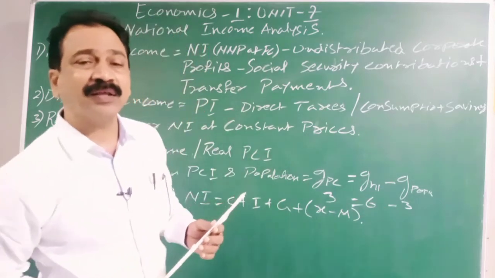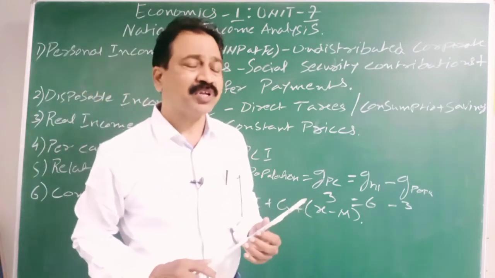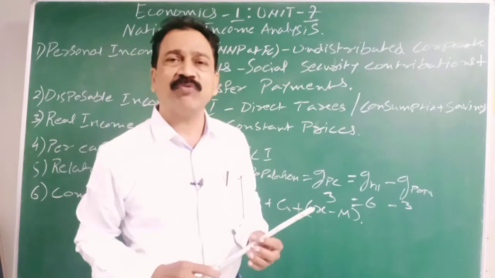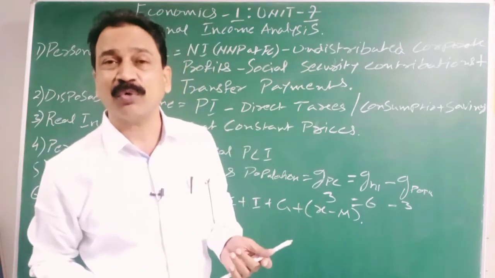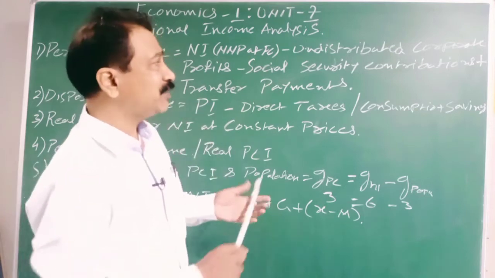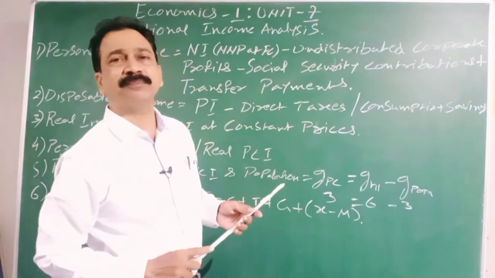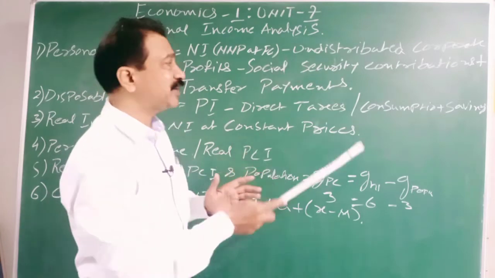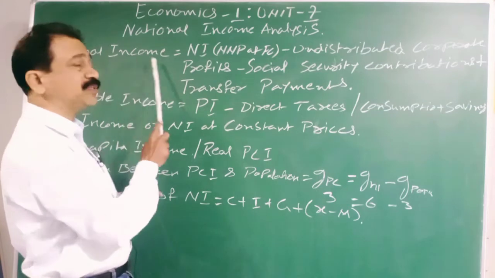And not only that, some amount is used for social contributions. What are social contributions? Like widow pensions, etc. You are watching the welfare programs. That money is also not distributed among the people. That is put to the side. That also again comes under not added to the personal income.